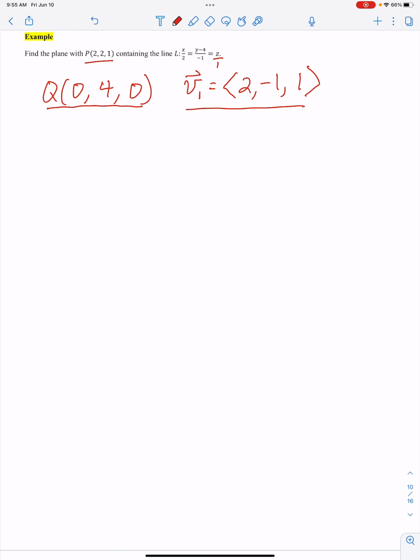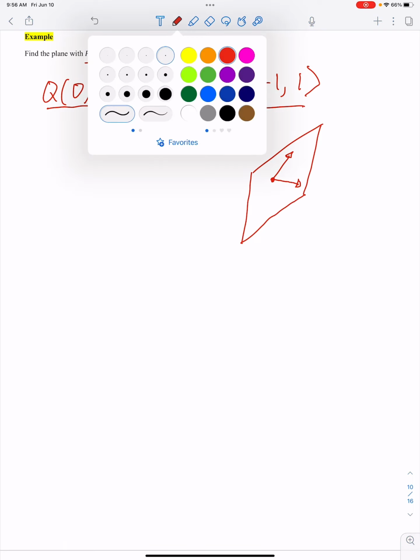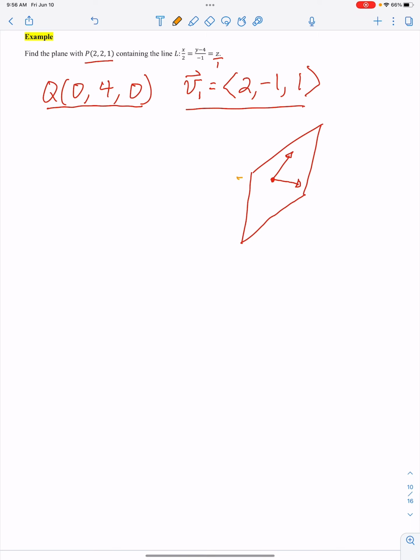If I have a plane, I'm just going to draw another plane, and I have a vector in that plane. It'd be really nice if I could find another vector in that plane, because I could then cross this vector with that vector and it would give me an orthogonal vector to both, which would be orthogonal to the plane.